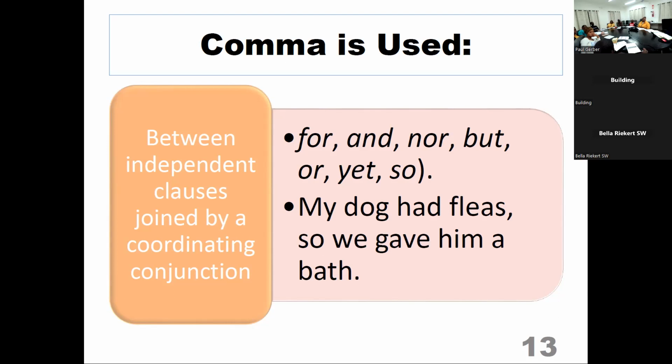It's either or, or neither nor. You cannot say either nor. It's either or, neither nor. They have to complement each other.